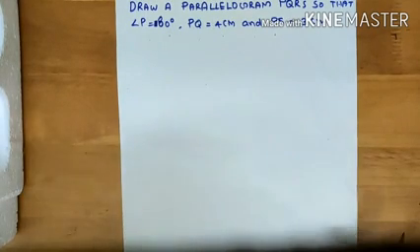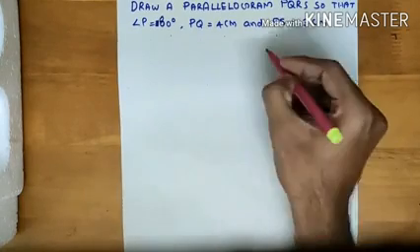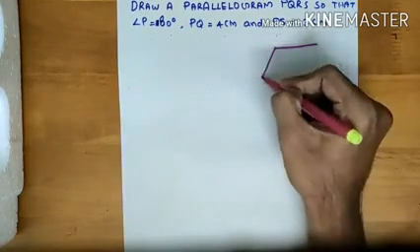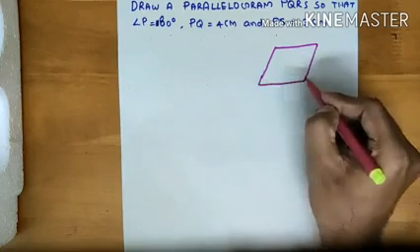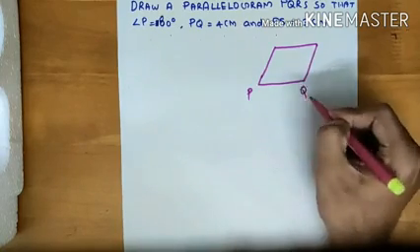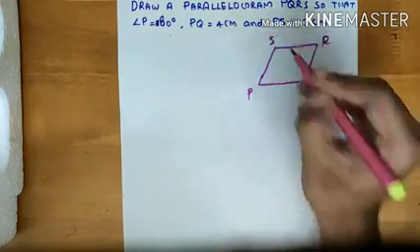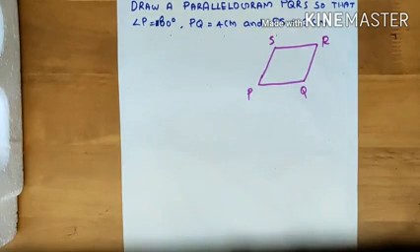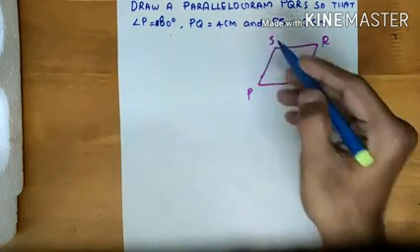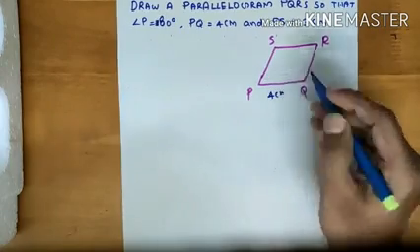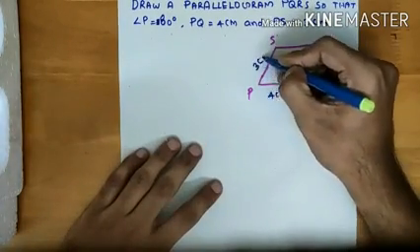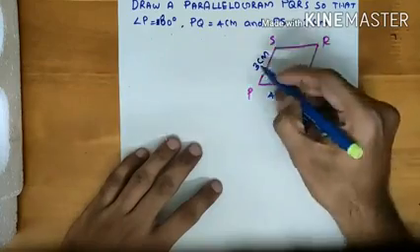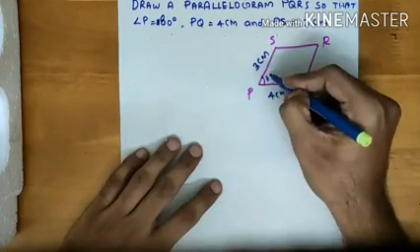Before drawing this parallelogram, I'll just draw a rough figure of PQRS. The length of PQ is given, it is 4 centimeter. The length of PS is given, it is 3 centimeter. And angle P is given, it is 80 degree.